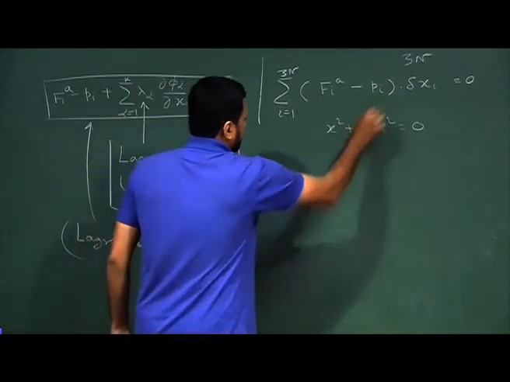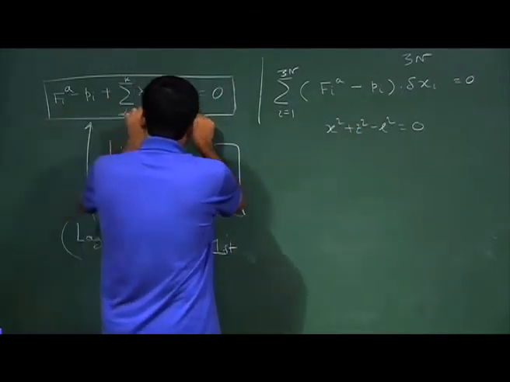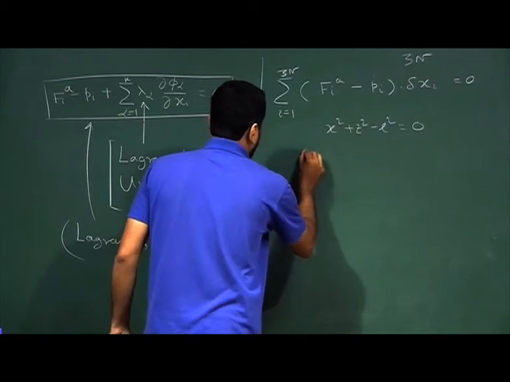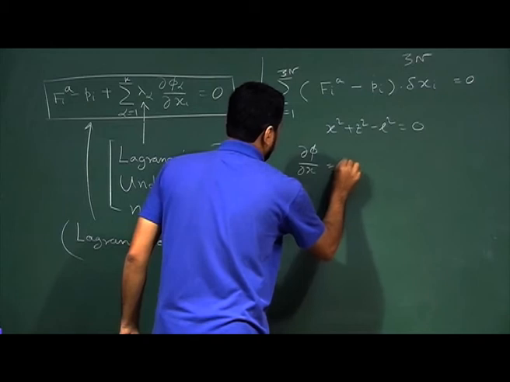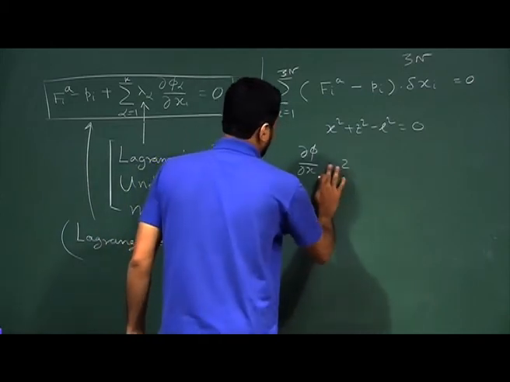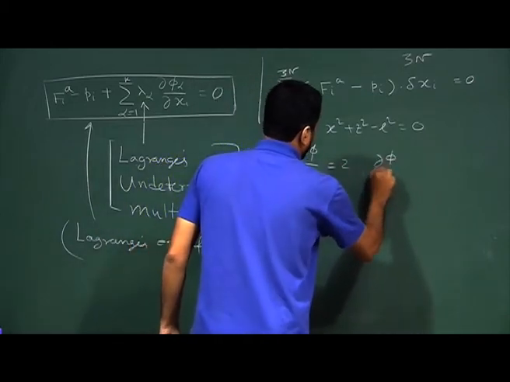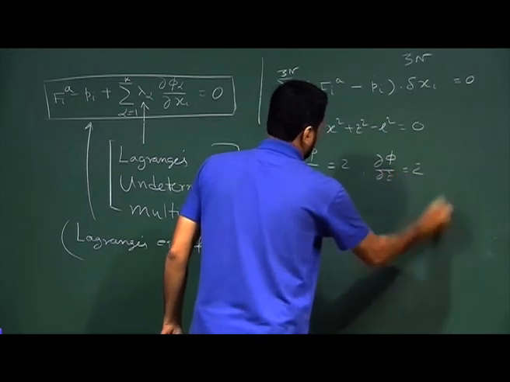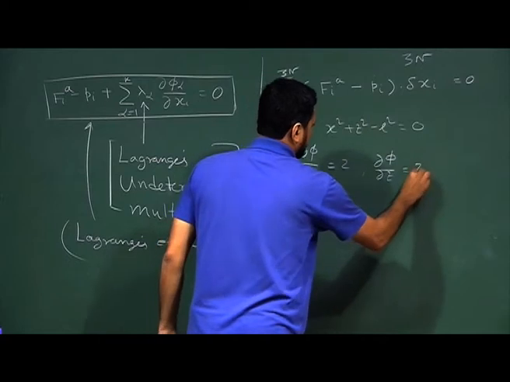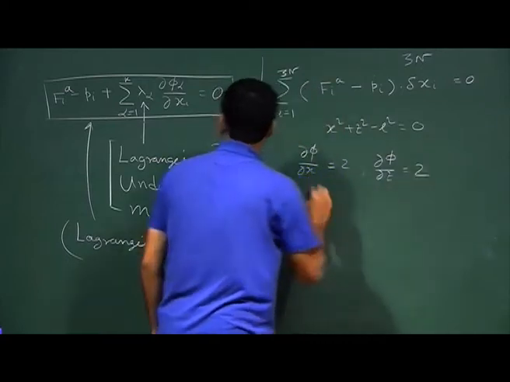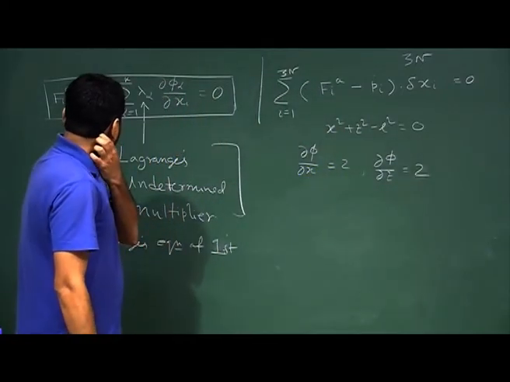Right. Now, if I apply this derivative, del phi del x is equal to 2, and del phi del z is equal to 2. Of course, there is no explicit time dependence, so we are not bothered about that.